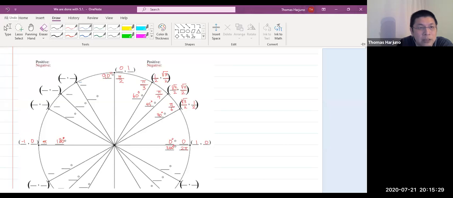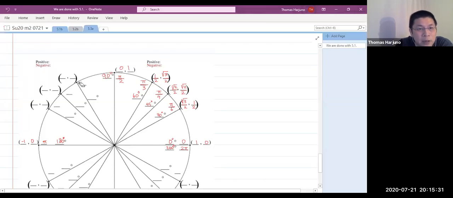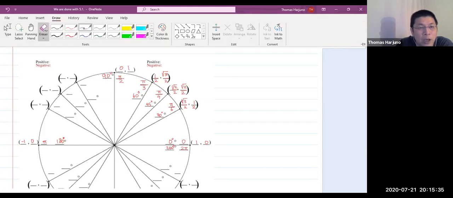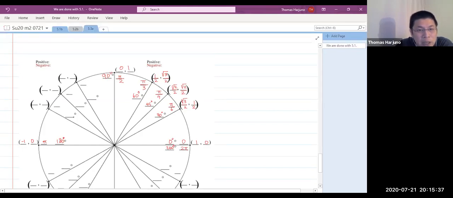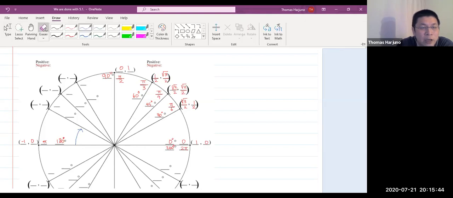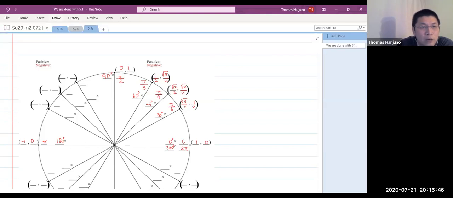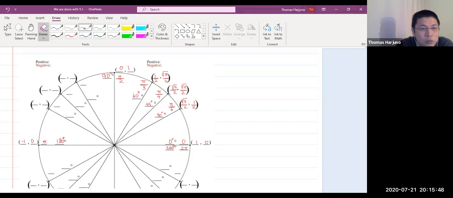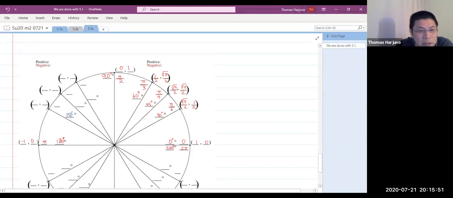So now imagine we have this angle here. What is this angle? This is 180 minus 30 degrees, right? That's 150 degrees. The radian will be pi minus pi over 6, that's 5 pi over 6.